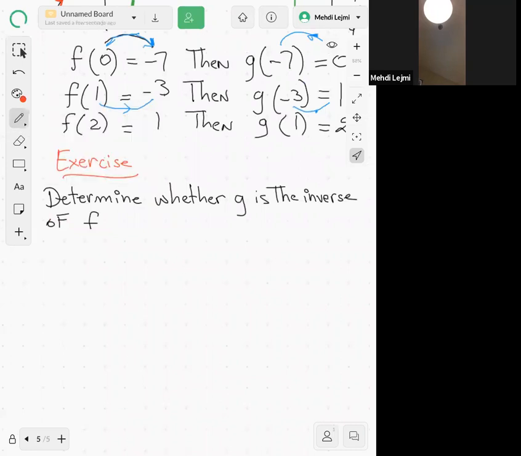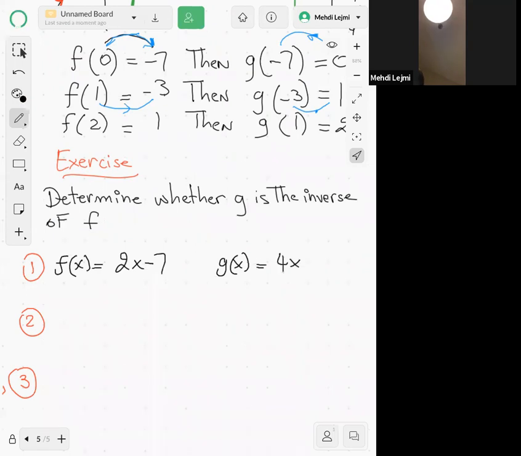So for number one, let's say number two, and let's say number three here. All right, so let's see. For number one, f of x is 2x minus 7, and g is 4x minus 2. Number two, f of x is 4 over x plus 9, and g of x is actually 4 over x minus 9.